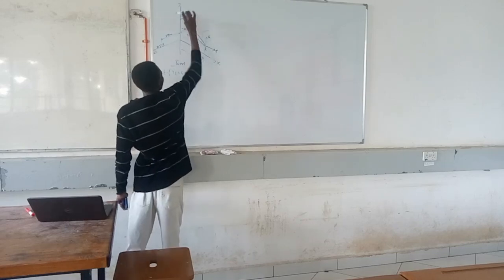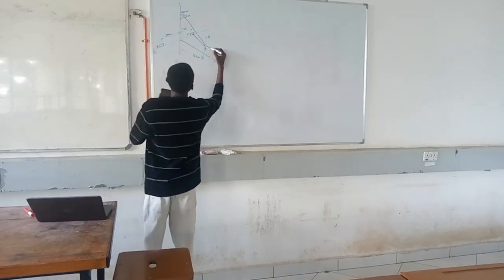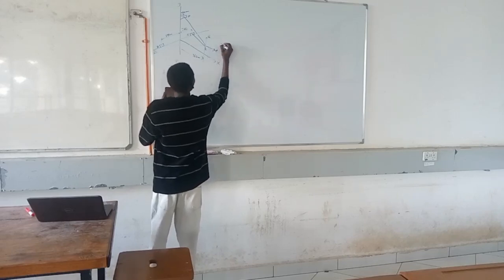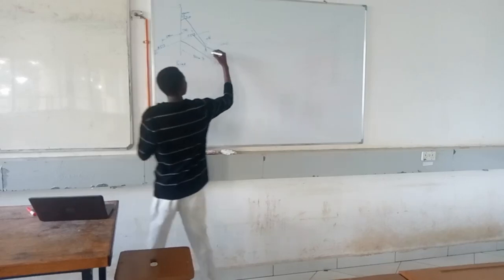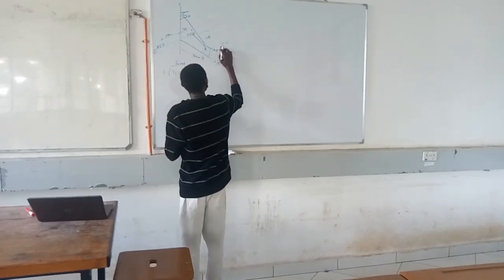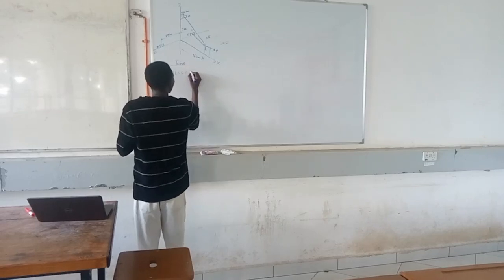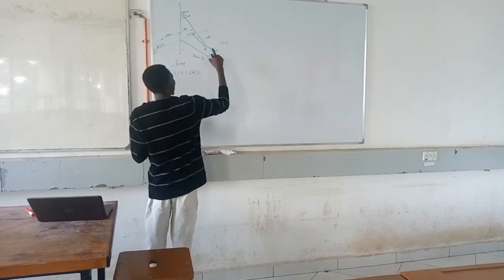I did not put the distance here; it was supposed to be 240. Point A has moved a distance of positive 240 millimeters in the y. So it's going to be positive 240 j. J represents the y.